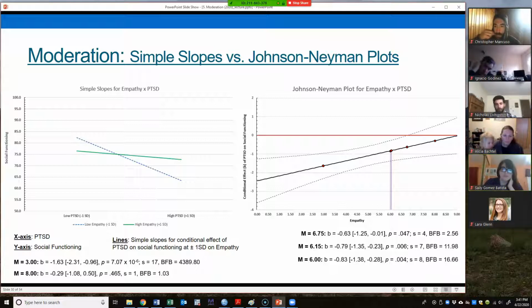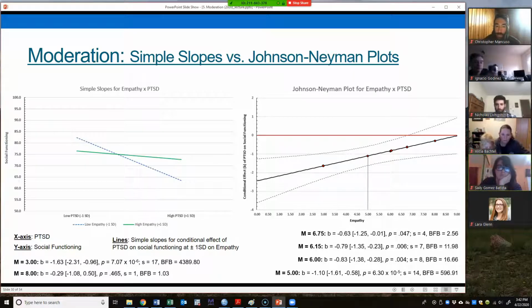But above that, evidence starts to get questionable. But if I look at my average value here, it's about 5.5. And so I could take a look at what my effect is for empathy at a score of 5, right?